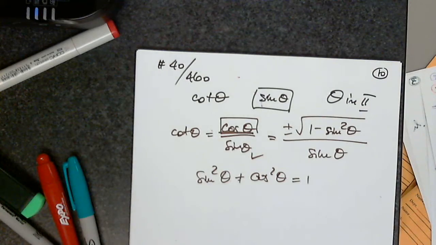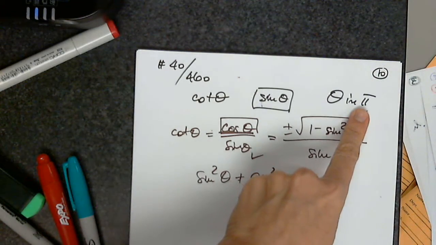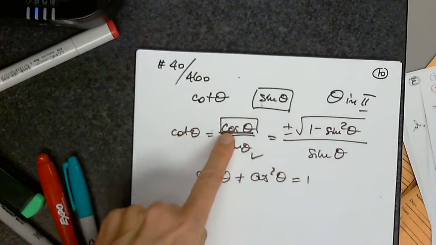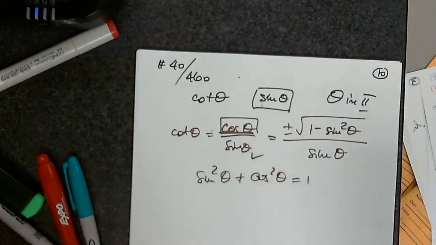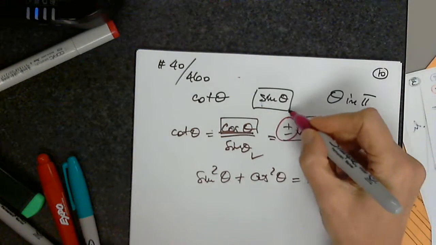Right. In a specific quadrant, cosine cannot be plus or minus; it is one or the other. Which one is it in the second quadrant? Negative. Exactly. So I'll say only negative.